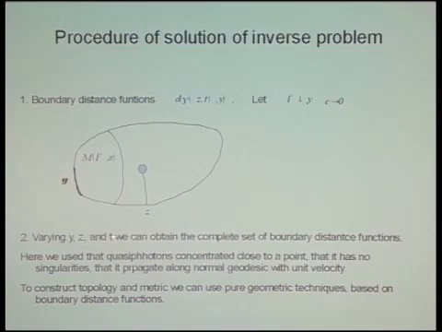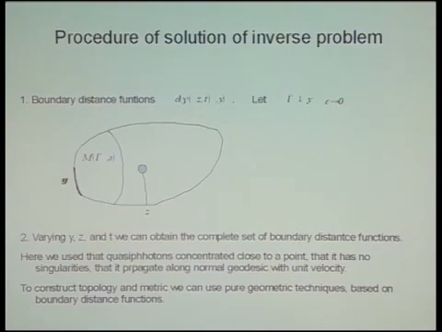So this quasi-photon starts at the point z on the boundary somewhere and propagates along the normal geodesic. So for any time t the quasi-photon is concentrated close to a point which lies on the normal geodesic starting at the point z, and the time t is just the distance from the centrum of the quasi-photon to the boundary.